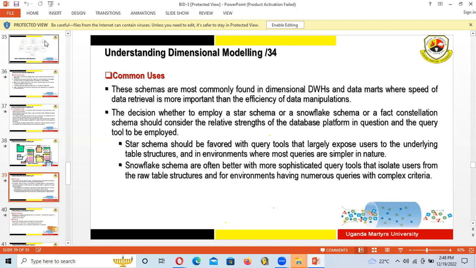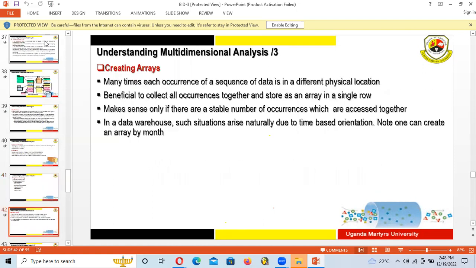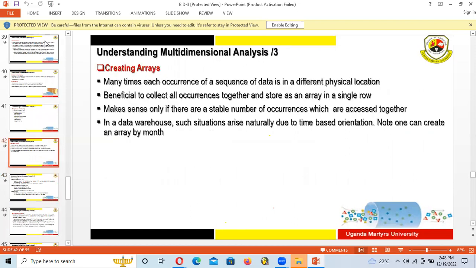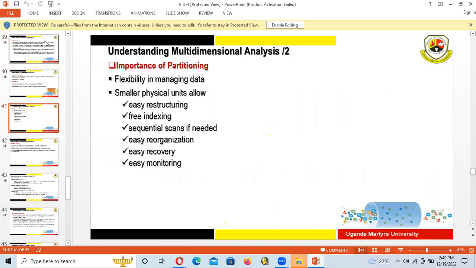Common uses of dimension tables: this should be for advanced query tools. Star-like schemas are often better with more sophisticated query tools and isolate users from the root table structures, for an environment having numerous queries with complex criteria.